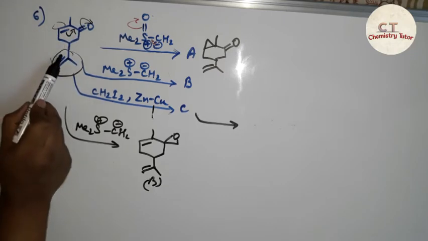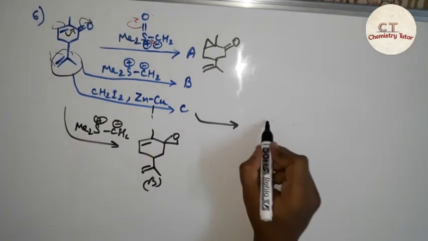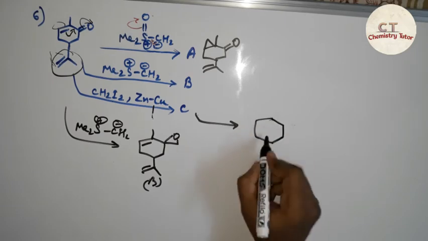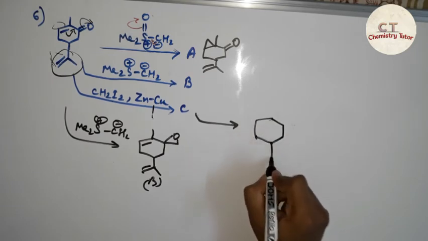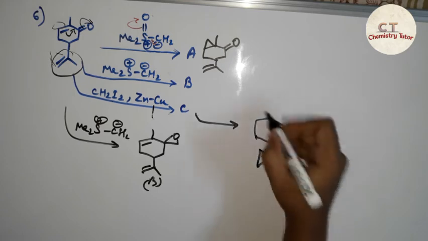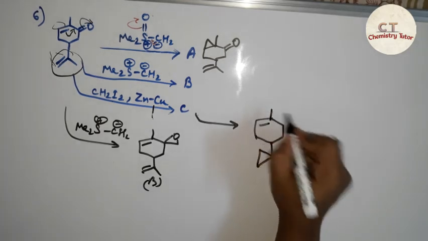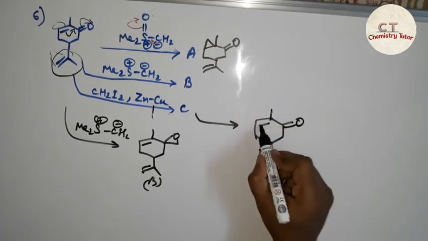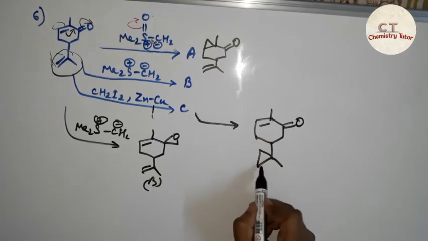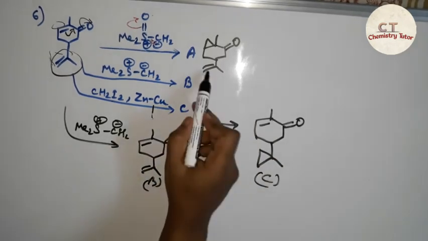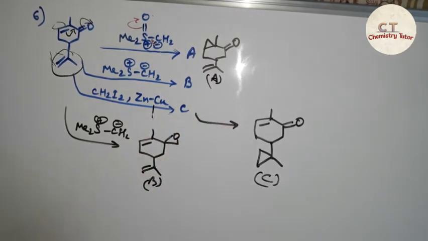So it will give us our product as, it has less electron density due to conjugation, so this will be the final product of this reaction, and this will be C. A, B and C.